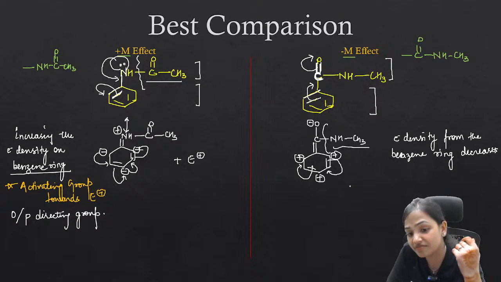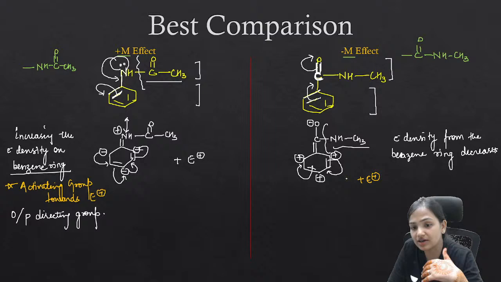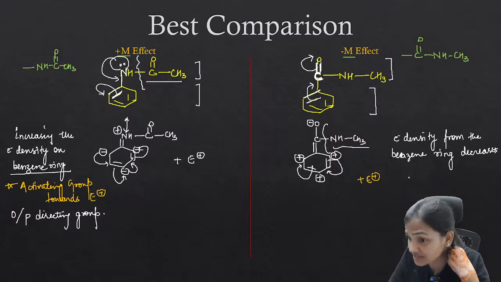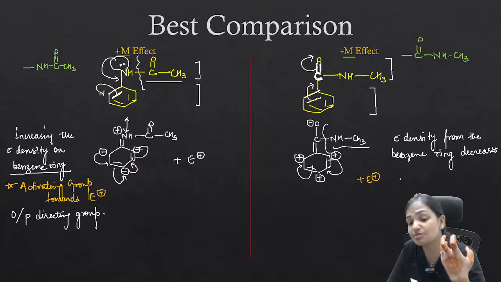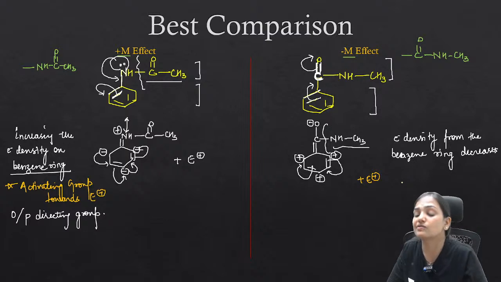If my electrophile says, oh no, I want to attack you, will this electrophile be able to attack the benzene? No. The electron density from the benzene decreases, meaning this group is making my benzene deactivated towards the attack of a new electrophile.